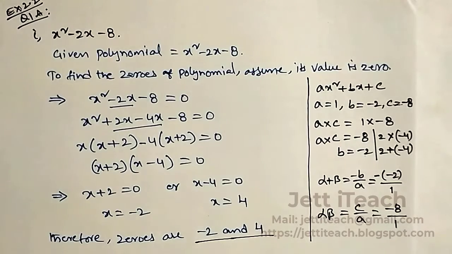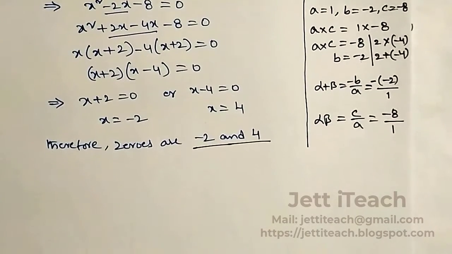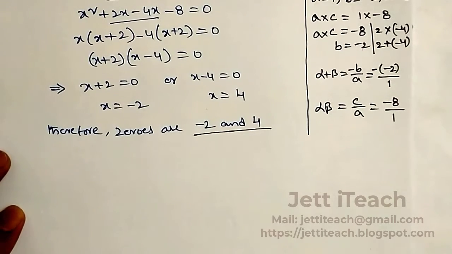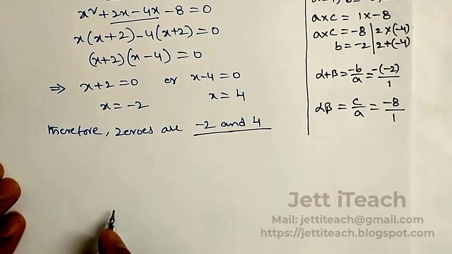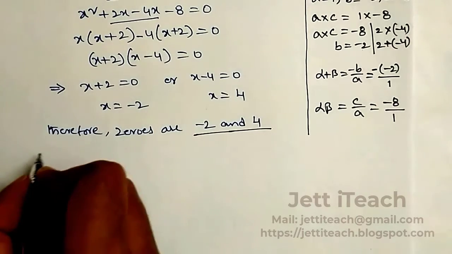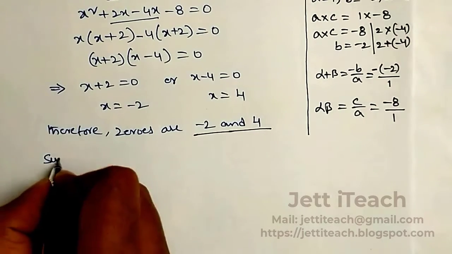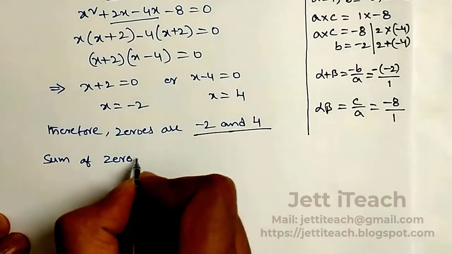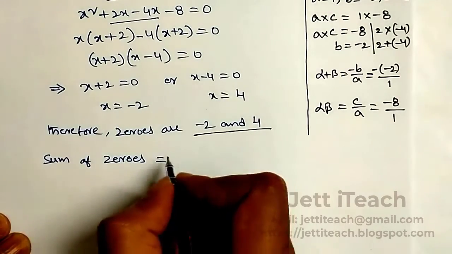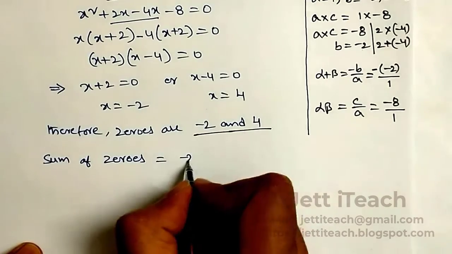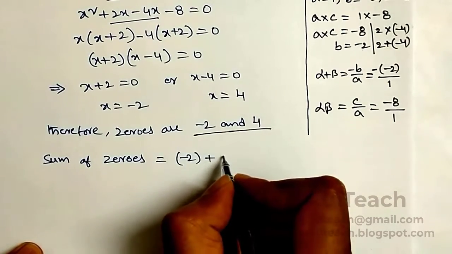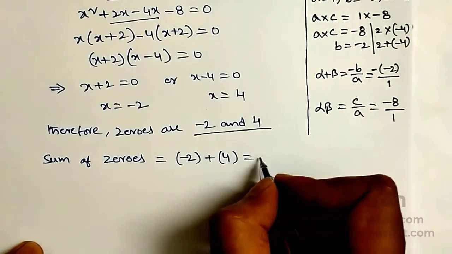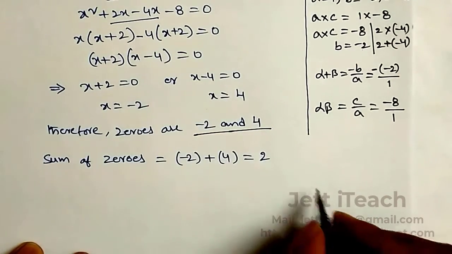Now you can write the relationship between zeros and coefficients. Sum of zeros: minus 2 plus 4 will get 2.